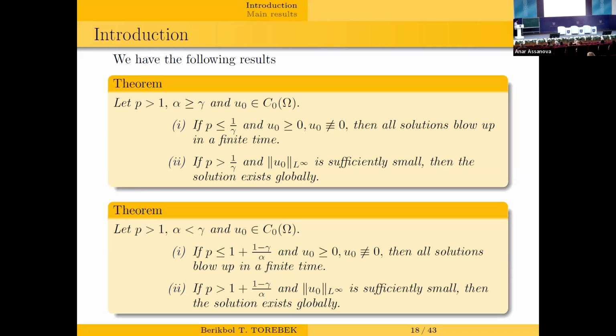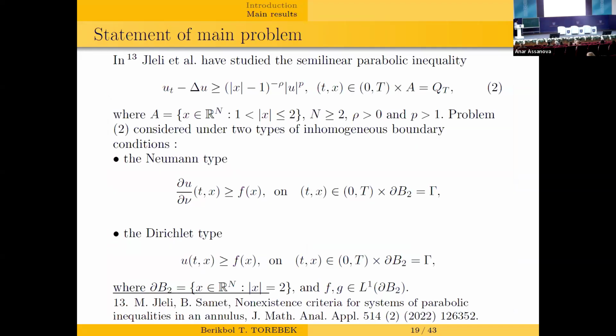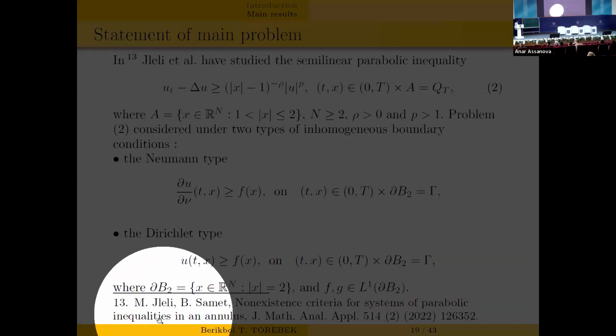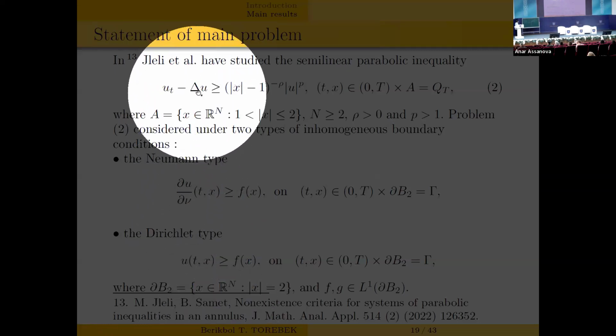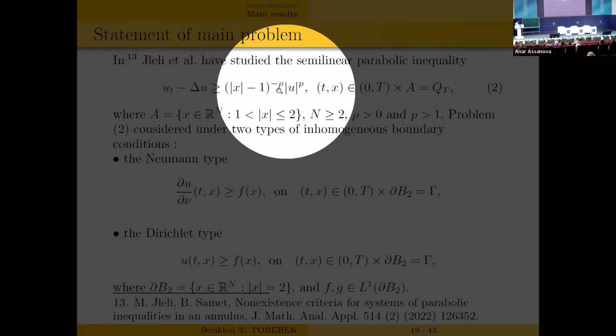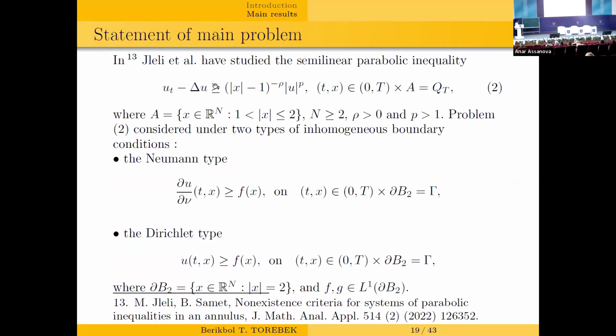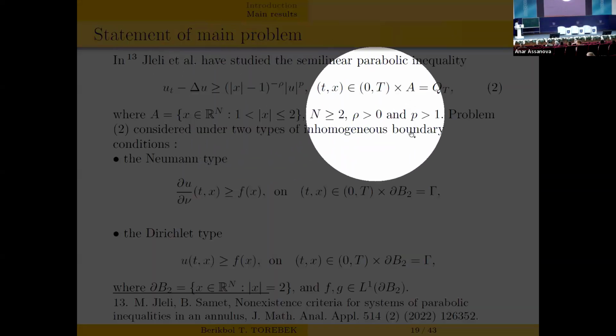Now let us consider the semilinear heat equation on the annulus domain. In 2022, the Arabic mathematicians Jalali and Samet considered this kind of semilinear parabolic inequality given by formula 2.